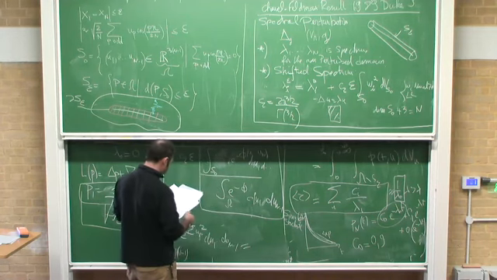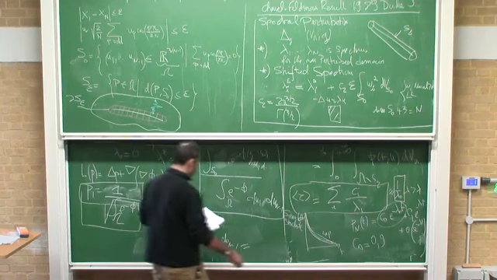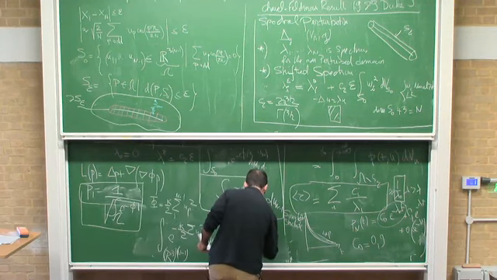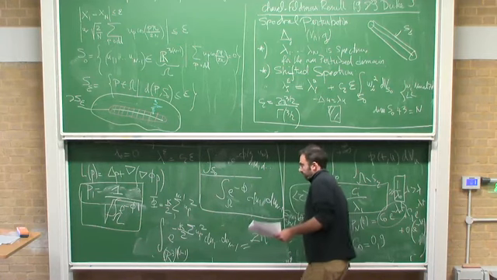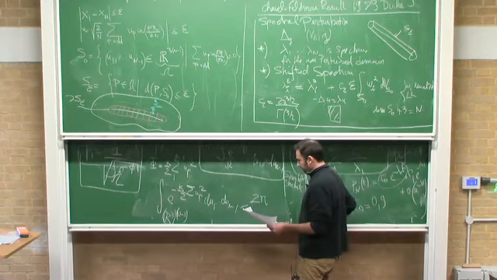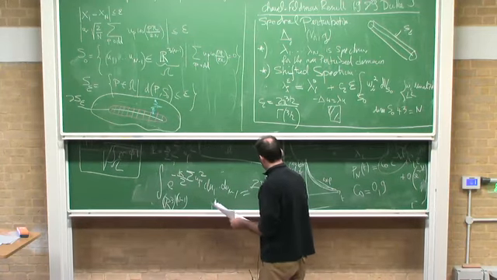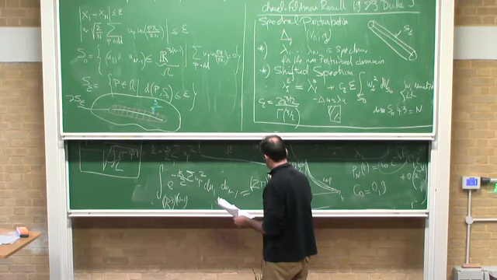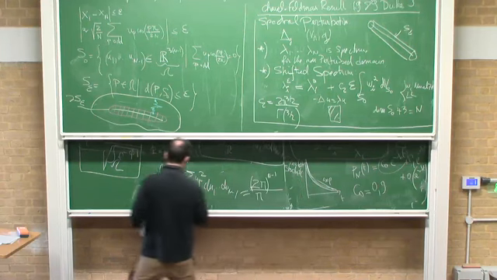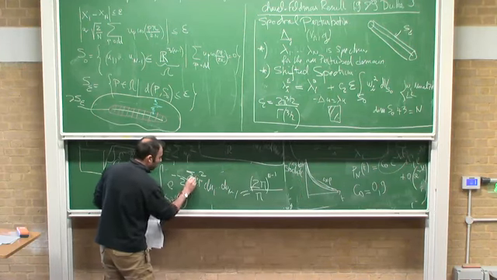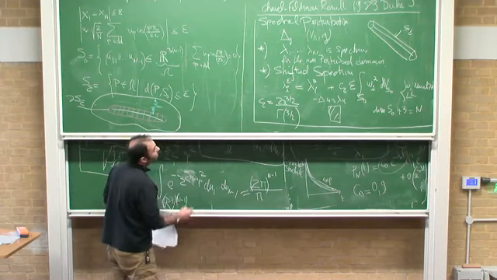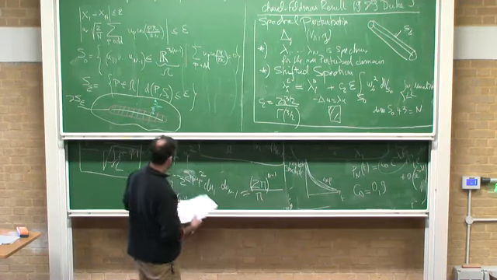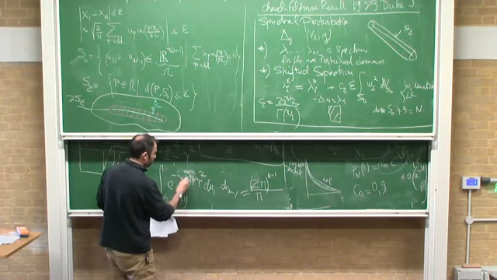So the result is 2 pi to the power n minus 1 divided by the product. Sorry, here it's not kappa, there is a kappa p. The kappa p was defined before.